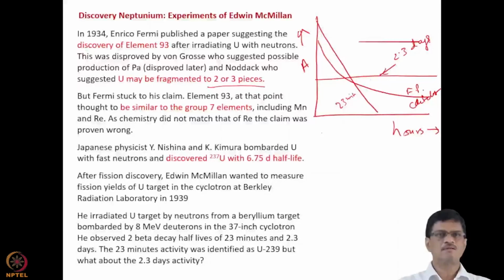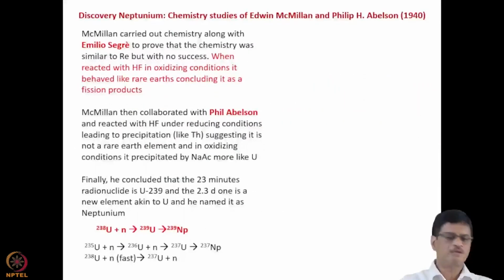How to prove it? So he subsequently carried out another experiment with chemistry, and this will be on the next slide. This chemistry experiment was carried out by Emilio Segre, who is the discoverer of technetium, and Segre was an expert in the chemistry of rhenium.